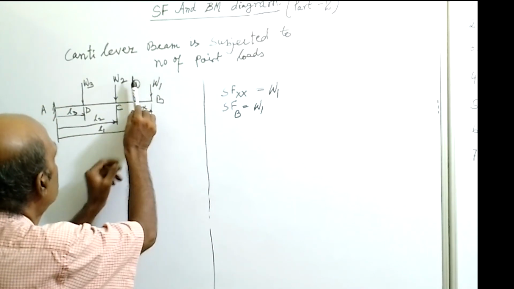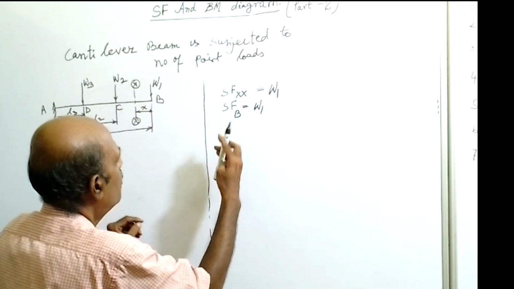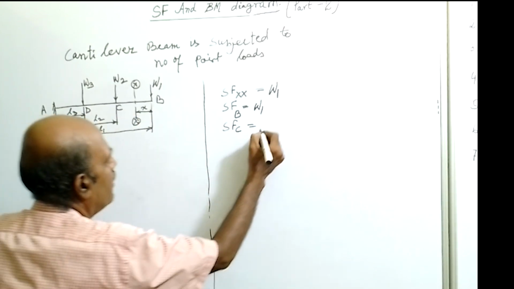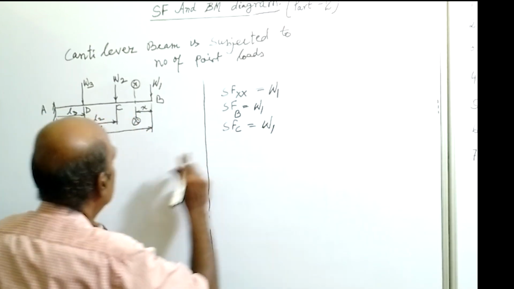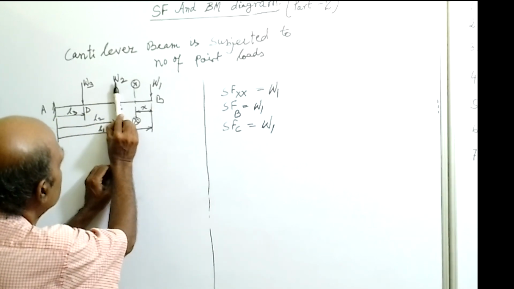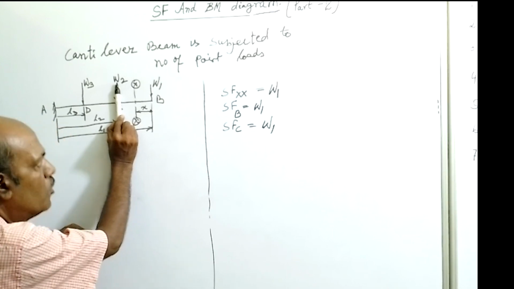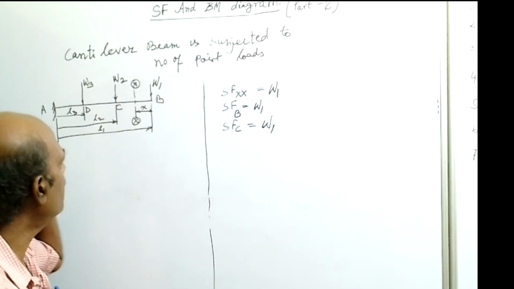Now slide the section to point C. The shear force at point C also remains W1, because the total vertical load on the right side of this section is W1.